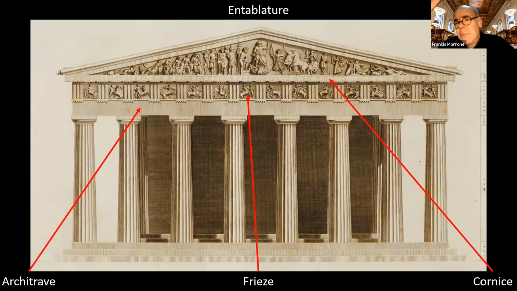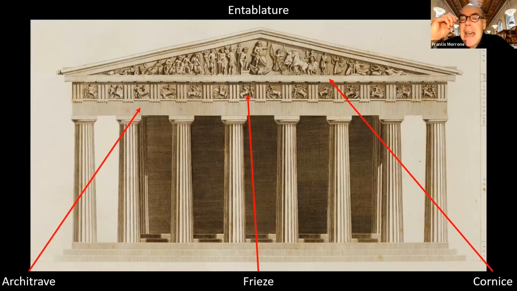First of all, a point needs to be made. When we speak of the orders, we are not speaking of the column, much less of the column capital. We're speaking of an ensemble of vertical and horizontal. We're speaking of the columns plus the thing that the columns hold up, the tabletop, as it were, the thing that we call the entablature.